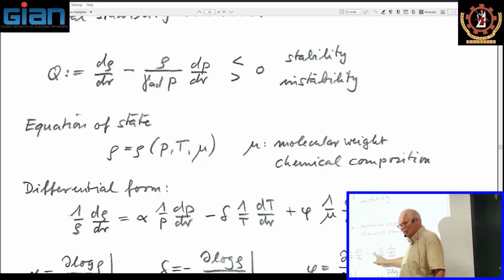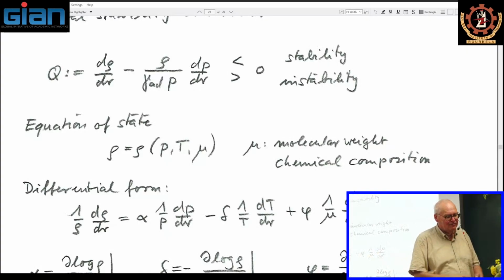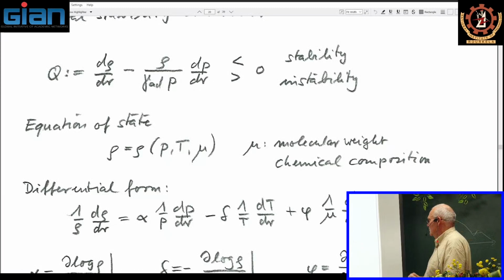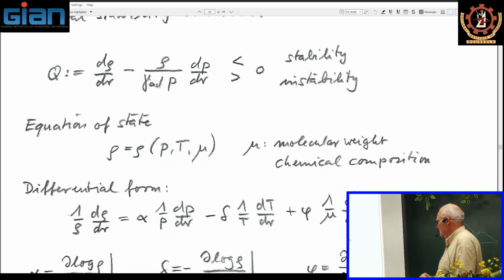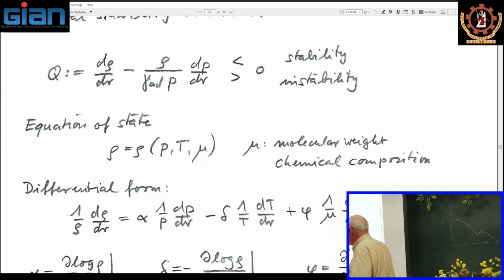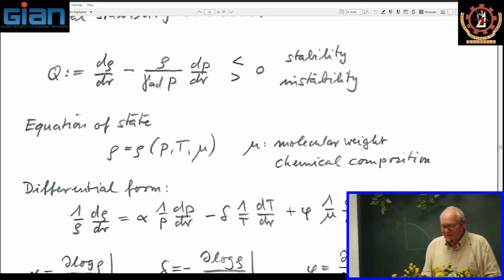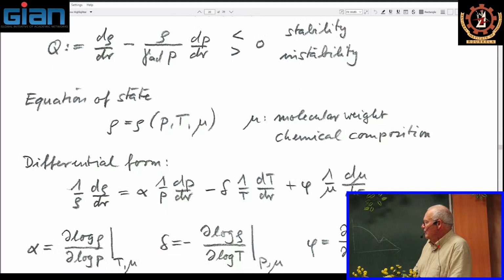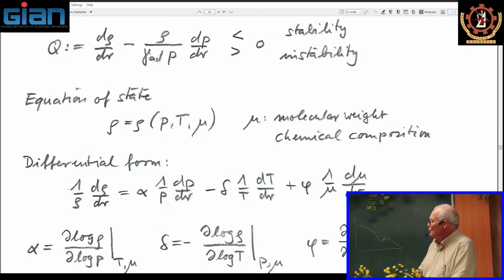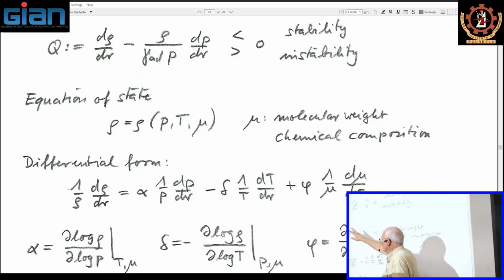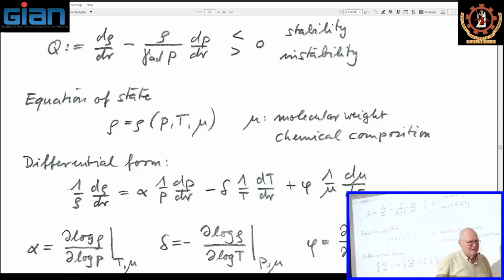Let's call the logarithmic derivative of density with respect to mean molecular weight phi. So we take this form of the differential equation to replace the density gradient in our stability criteria and see what's left then.